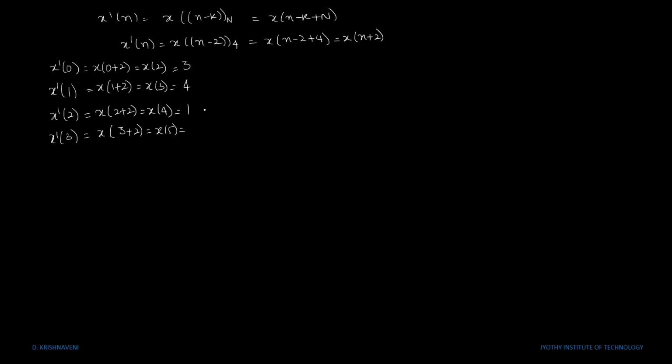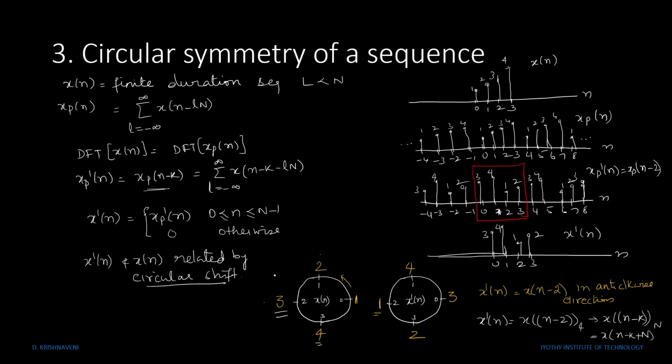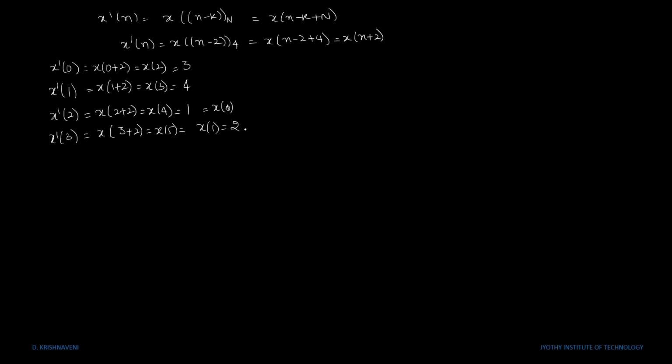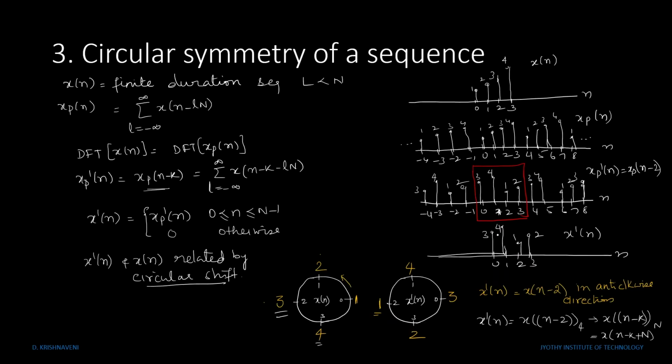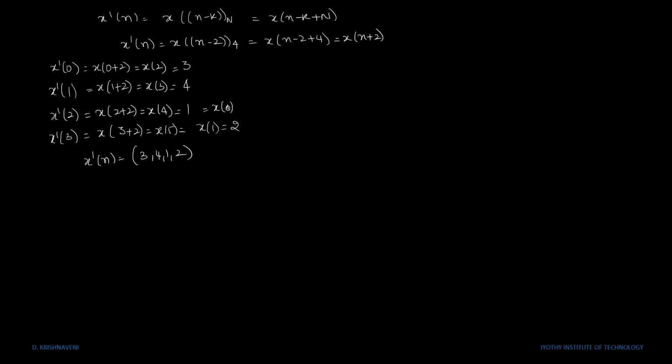X of 5 is nothing but x of 1, that is 2. So x dash of n we got 3, 4, 1, 2. You can check, we had got 3, 4, 1, 2. So in general we write x dash of n as x of n minus k modulo N.